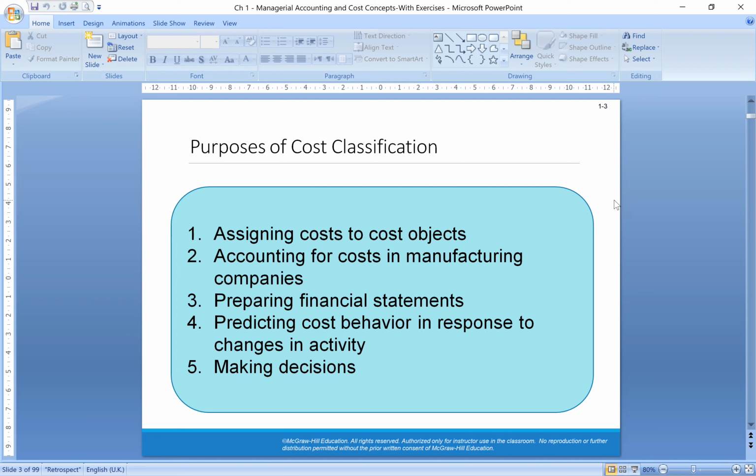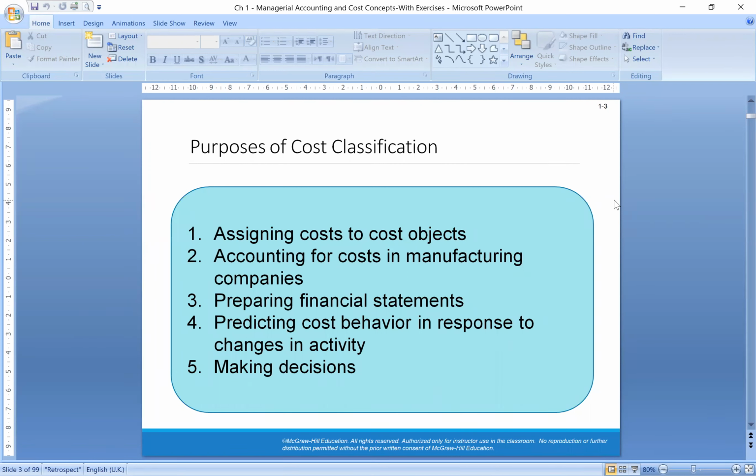And number four, predicting the cost behavior in response to changes in activity. We have something called cost behavior, and we'll discuss the concept of behavior. We can say that some costs are variable in total, some costs are fixed in total, and some are mixed, which combine the fixed and the variable parts.